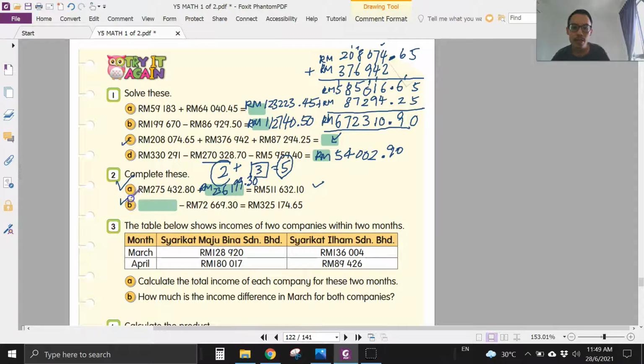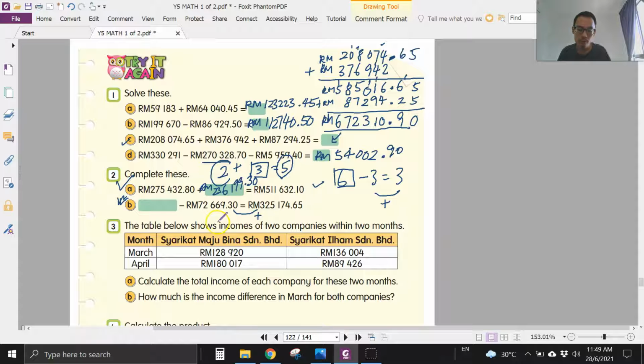Okay, question B, you have unknown minus this and get this. So this number should be the biggest, so you need to plus the one behind. If I give an example, unknown minus 3 equals 3, you take 3 plus 3, you get 6. So you have to plus the two numbers behind.